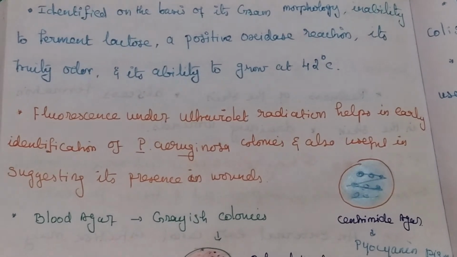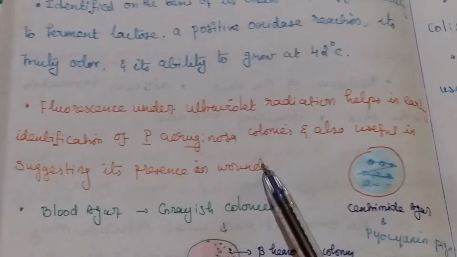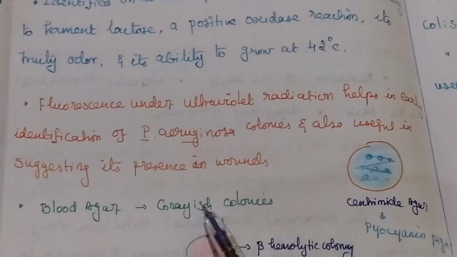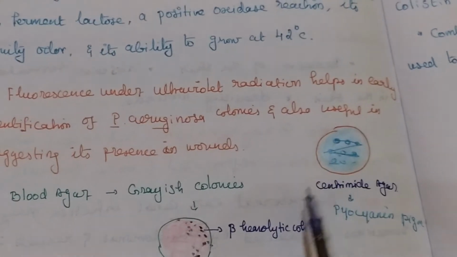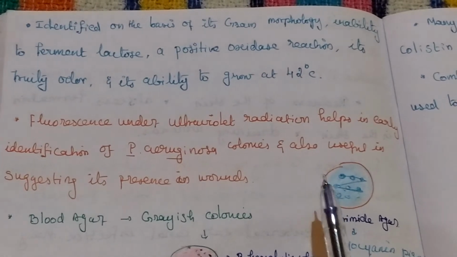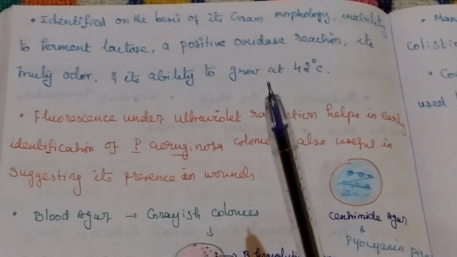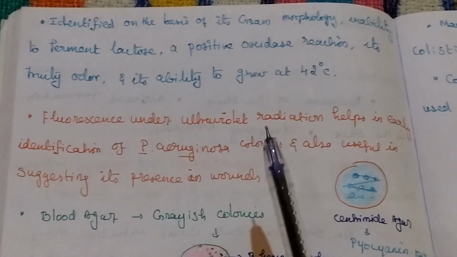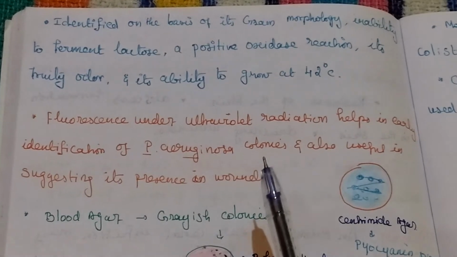Fluorescent microscopy: fluorescence under ultraviolet radiation helps in early identification of Pseudomonas aeruginosa colonies, and is also useful in the presence of a wound sample.